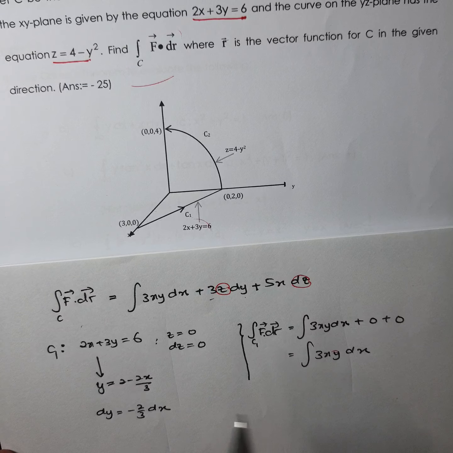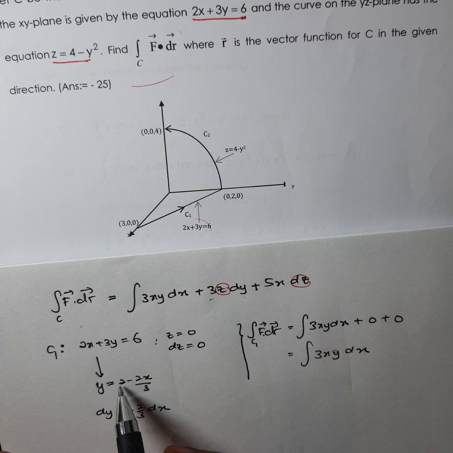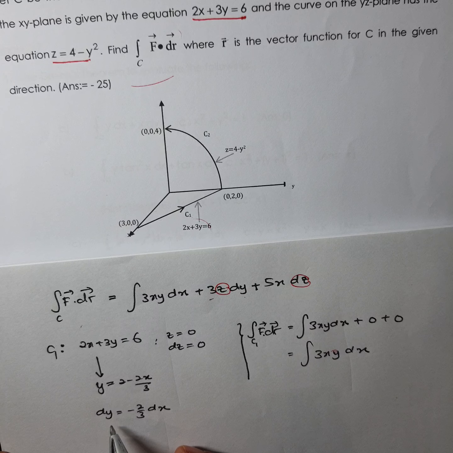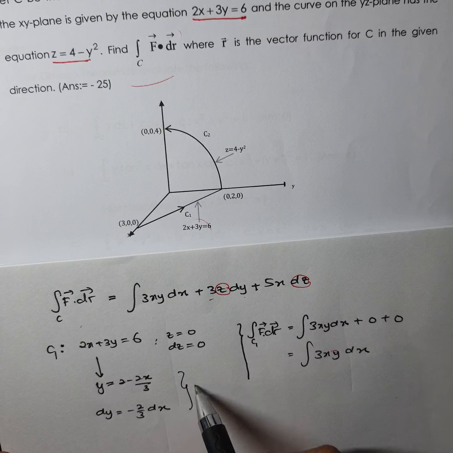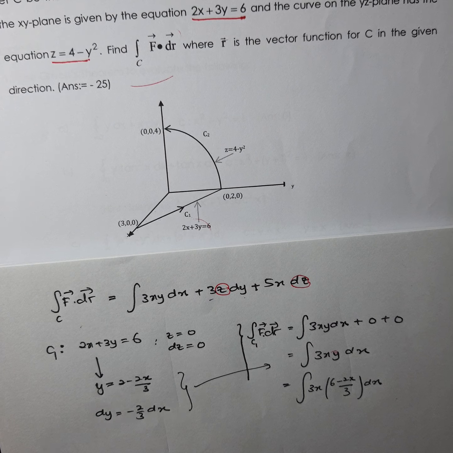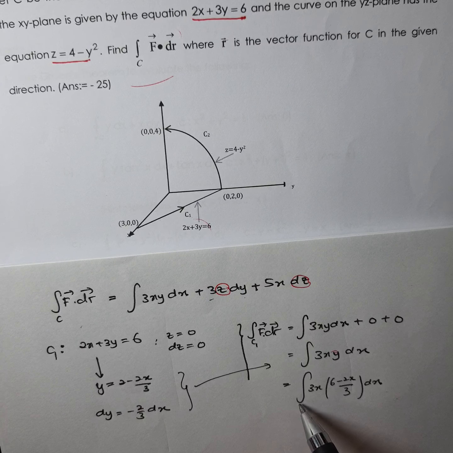Alright, so you rearrange this. You will have y equals 2 minus 2x over 3. And deriving this with respect to x, you will have dy equals negative 2 over 3 dx. So this, you put into your line integral. Alright, so your line integral will become this. Now for the boundary, you can see the boundary will be in terms of x. So how to know from where to where?